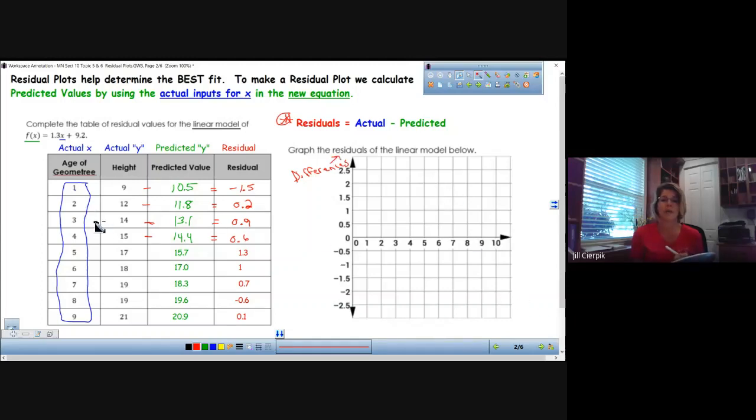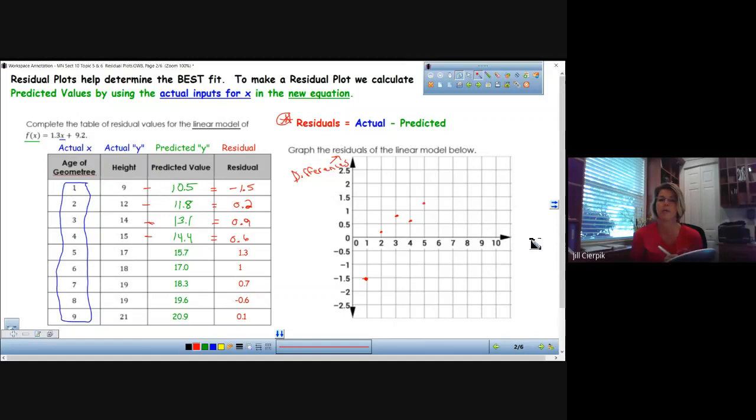So I know that at 1 year, my residual value was negative 1.5. So I'm going to go plot 1 year, negative 1.5. 2 years was 0.2, like right around here somewhere. 3 years was 0.9. 4 years was 0.6. 5 years was 1.3.